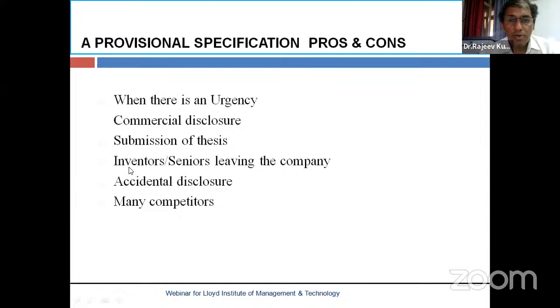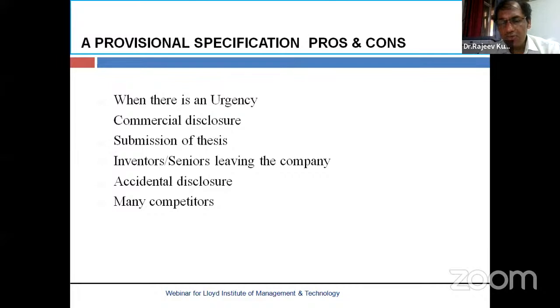Then sometimes you're working in a research group and you develop a new technology, and one of the group leaders or one of your colleagues amongst the team is leaving that company. In that case, you have a good chance of leaking of the technology. In such a scenario also, you have to quickly go for filing a provisional patent application.